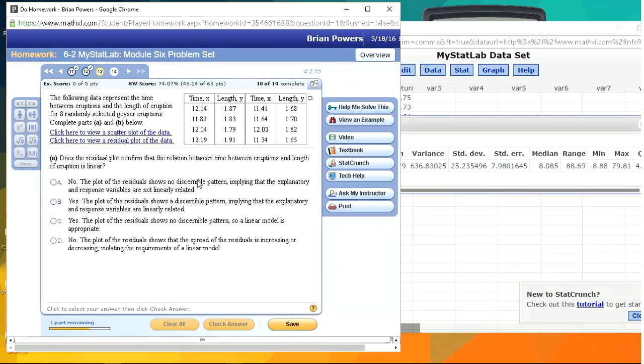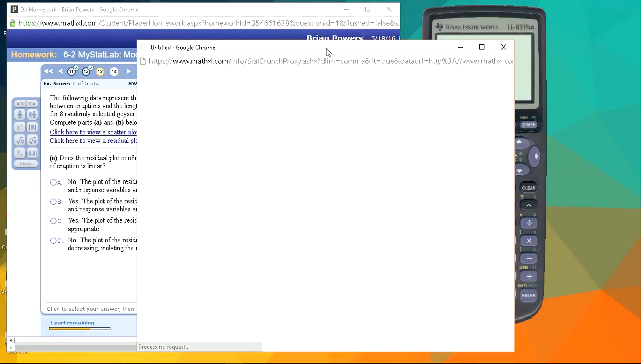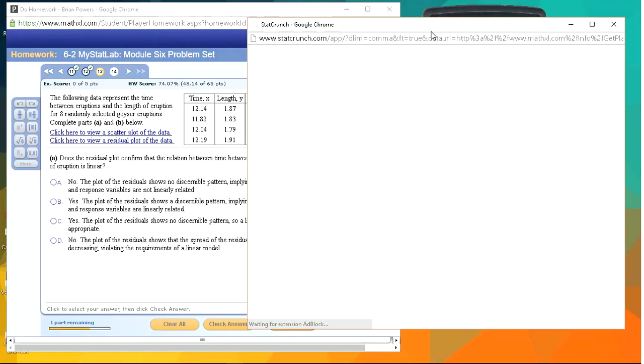Okay. Let's see. So, following data table. It's giving us a residual plot and a scatter plot. Now, I want to actually show you how we can create the scatter plot or the residual plot in StatCrunch, because it's useful to know how to do that.